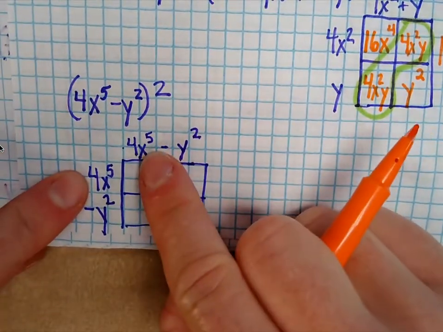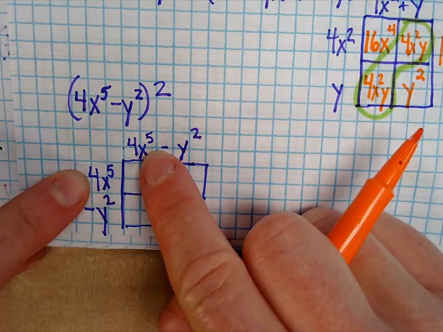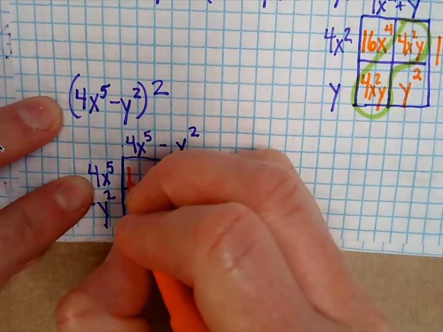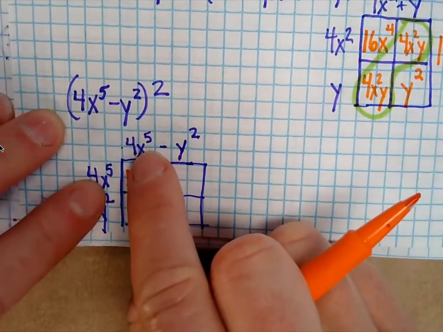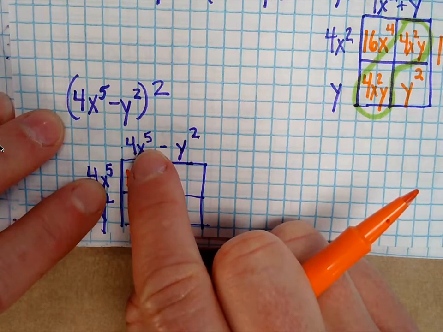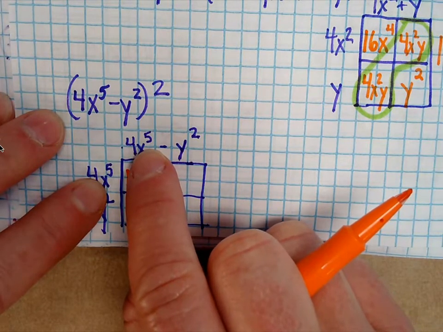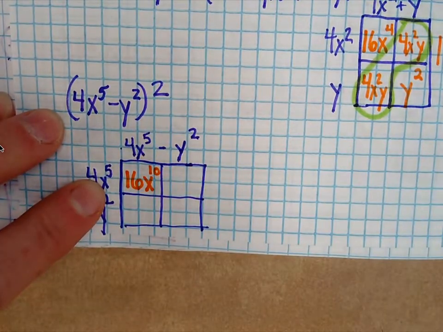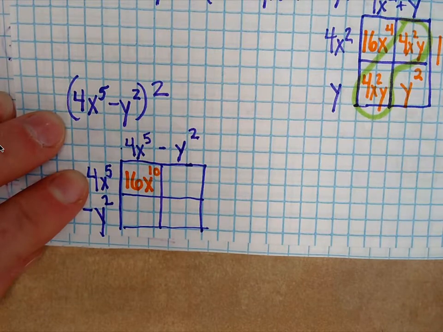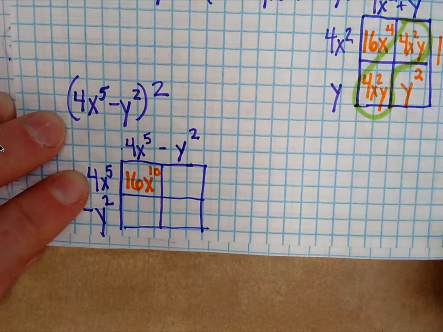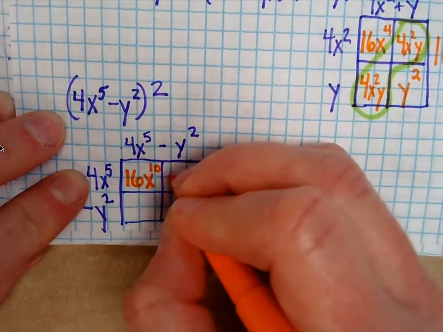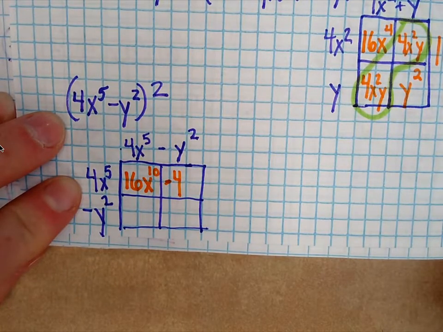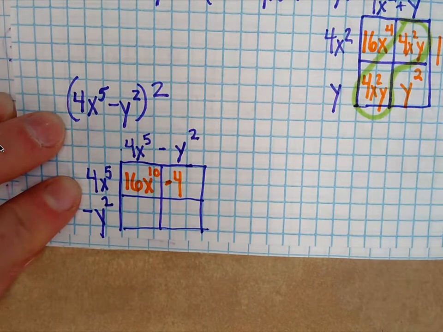All right, so we have 4x to the 5th times 4x to the 5th. So I need to do 4 times 4, 16. And when I multiply, I add my exponents. So it's like x to the 5th times x to the 5th, x to the 10th. And then negative y squared times 4x to the 5th. So it's going to become negative 4, because it's negative 1 times 4. And then just put the variables and exponents right next to it.